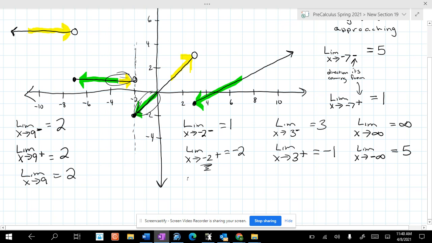We can say the limit as x approaches -2, since they're two different numbers, it goes towards different numbers, that limit does not exist. Because if we're coming this way here and this way here, they're different numbers, there's no limit there. But here, if we're coming towards the same number, the limit is that number.